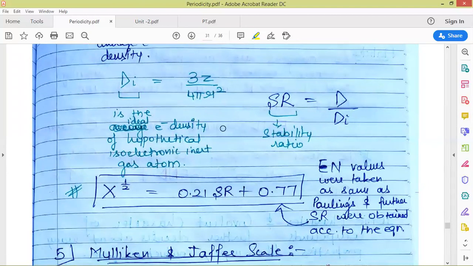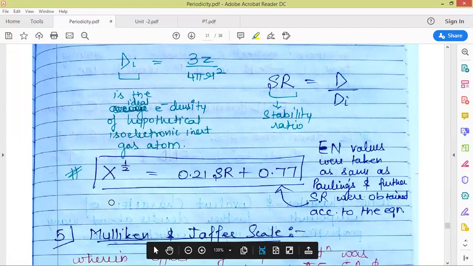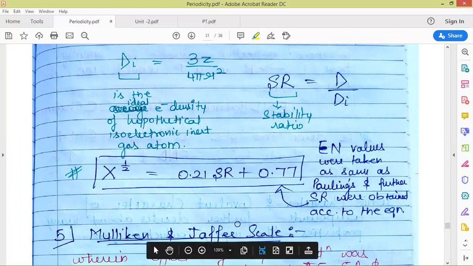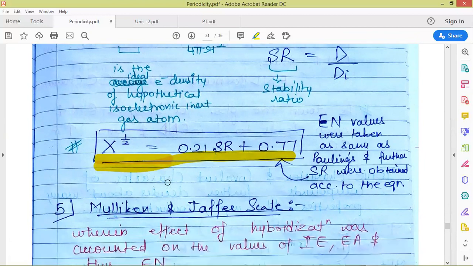So this equation was obtained, from where these are plotted against electronegativity, and electronegativity values were taken as the same as Pauling's, from where stability ratio can be obtained according to this equation. So this method was also based upon the Pauling scale.